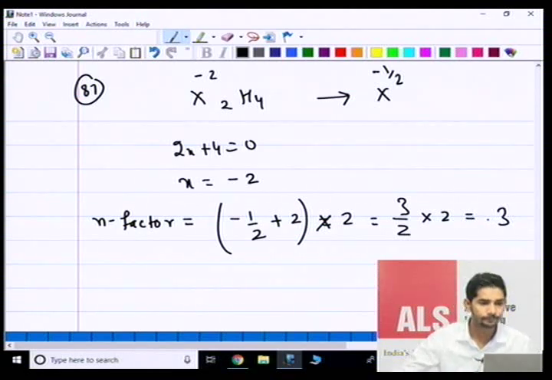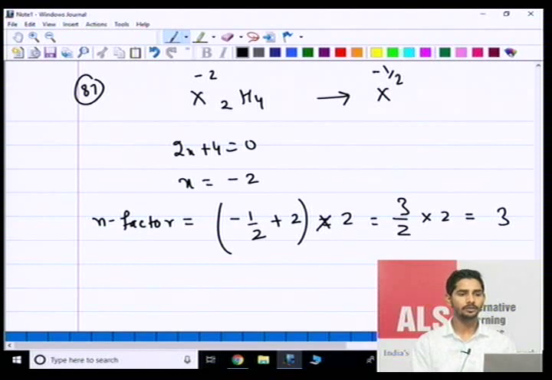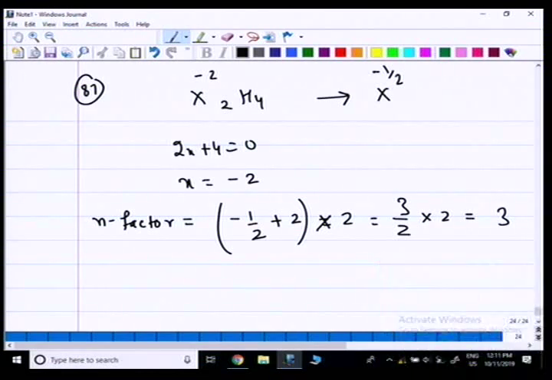Okay, got it? Tamerlan, is this clear to you? N factor is nothing else but what? Number of electrons. Copy please.